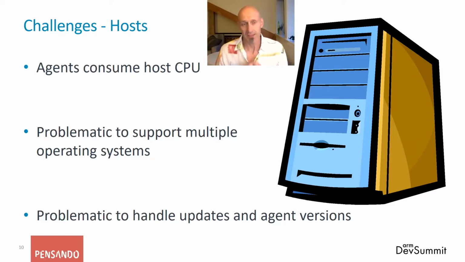Now, if we implement those services in hosts, usually we do it using agents, but those agents consume the CPU of the host, which should be used for offering whatever services those hosts are there to offer, application level services, not the kind of infrastructure services we are talking about here. This is one disadvantage of executing security, networking, storage, and observability services in hosts.